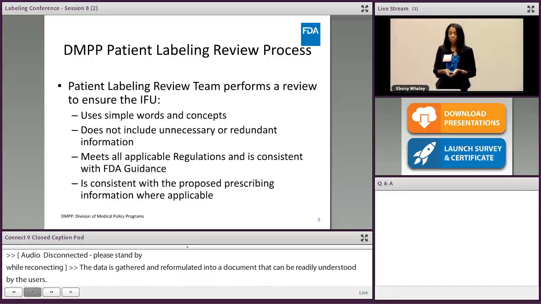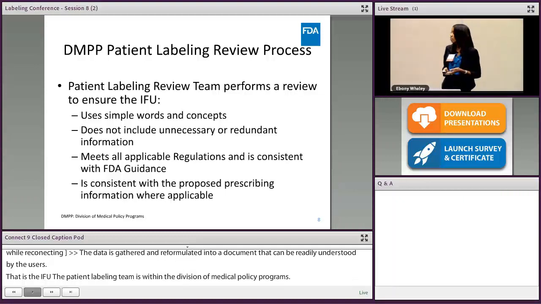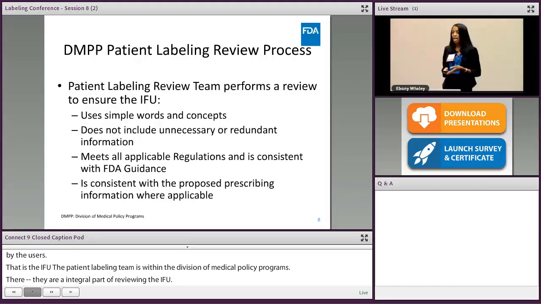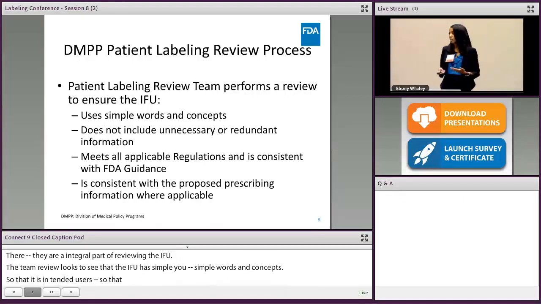Our patient labeling team is within the Division of Medical Policy Programs, DMPP, and they are an integral part of the review of the IFU. Patient labeling team's review looks to see that the IFU has simple words and concepts so that the reading comprehension level is reflective of the intended users and doesn't have technical jargon and healthcare terms that we might expect to see in the prescribing information.